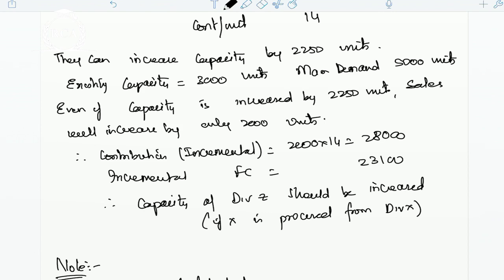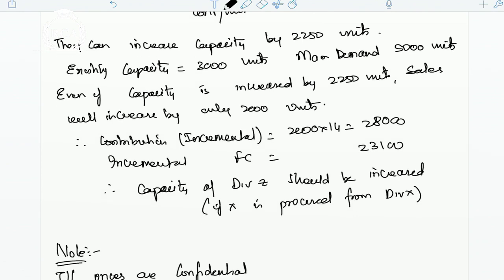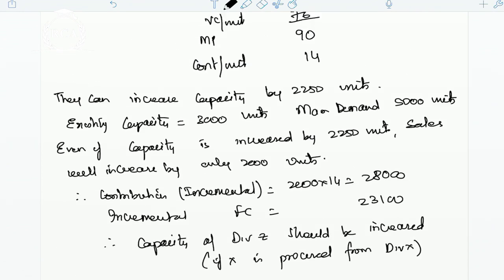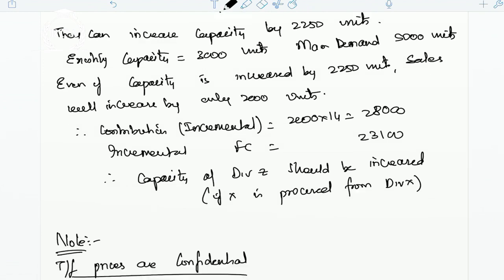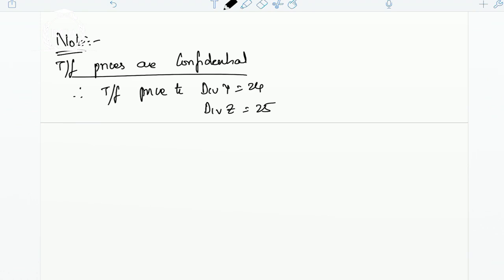I hope you're all clear about this. ये नहीं हुआ तो pause कर लेना. Now finally this part, please check if everyone is done with this. Do not forget transfer prices are confidential, that is why you have different transfer prices here.